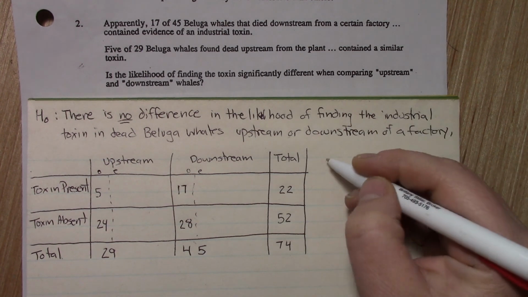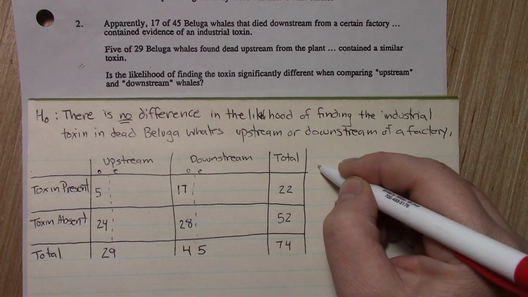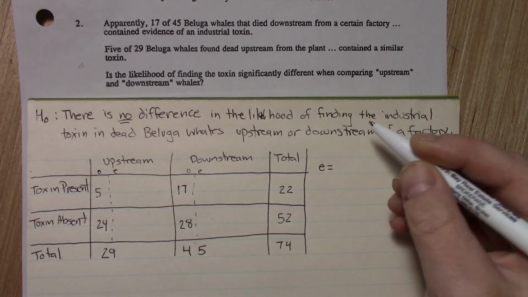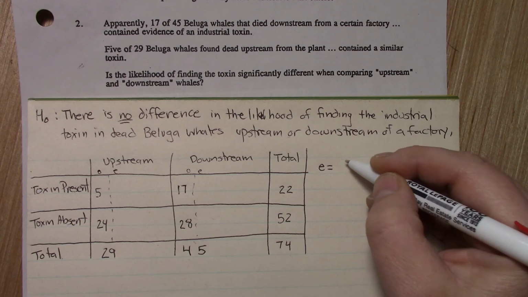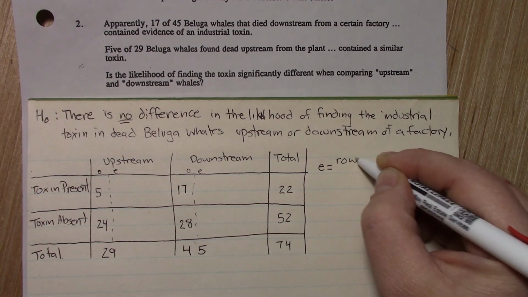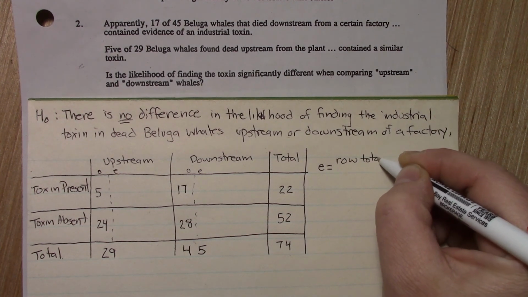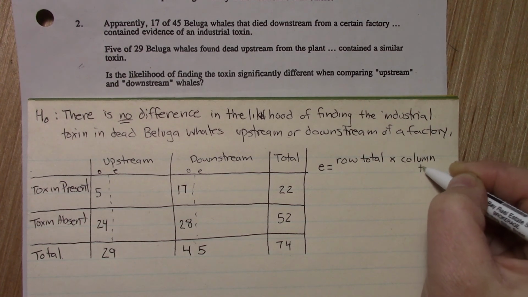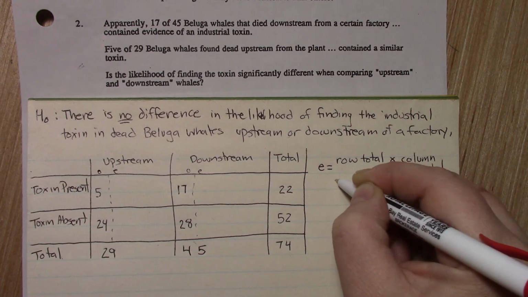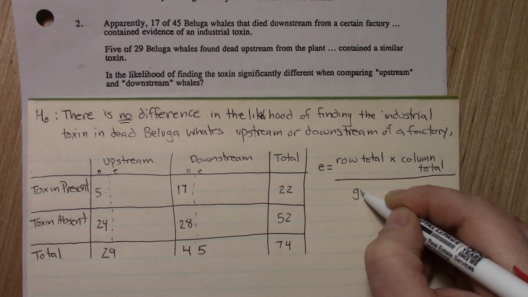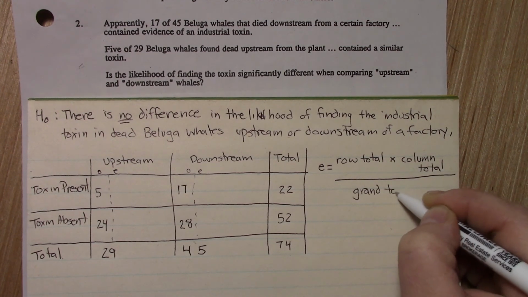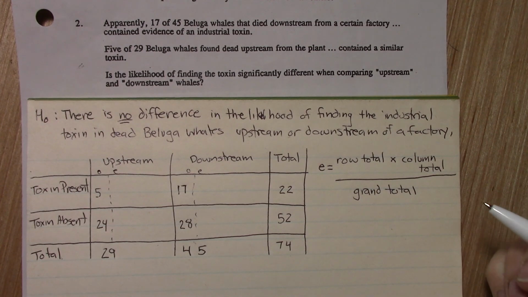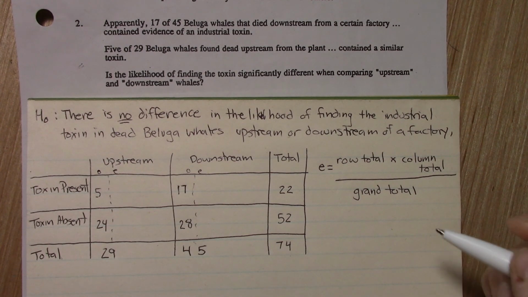So now our expected value is the row total times the column total divided by the grand total. And that is going to be different for each and single one of these examples.